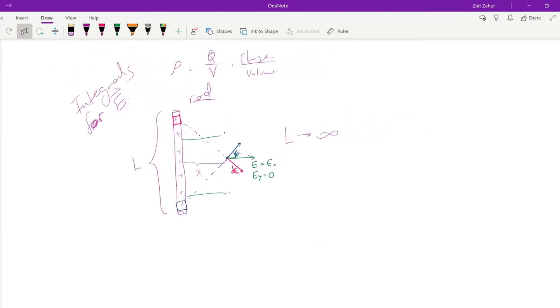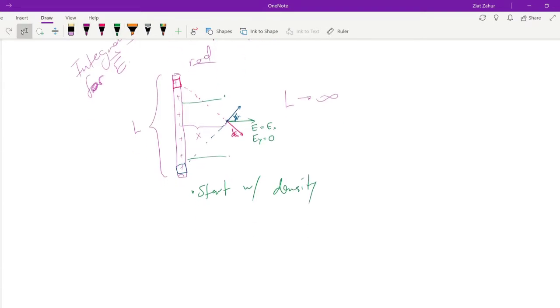Well, start with your density. Set up your density functions. Lambda is equal to Q over L. Then from there you figure out what dq should be. Each infinitesimal amount of charge, dq, is equal to lambda, the constant density, times however much you want to integrate.